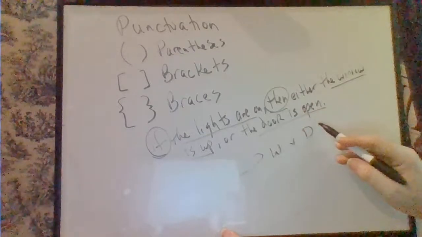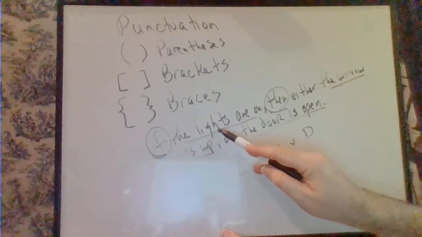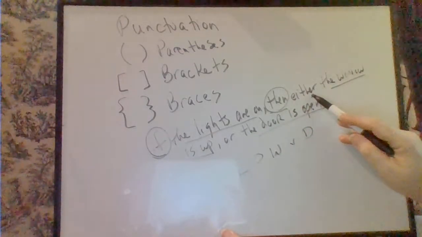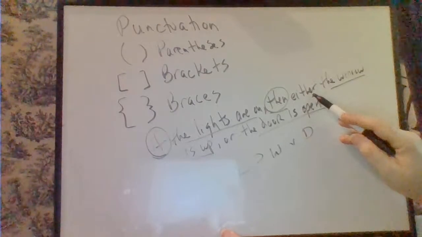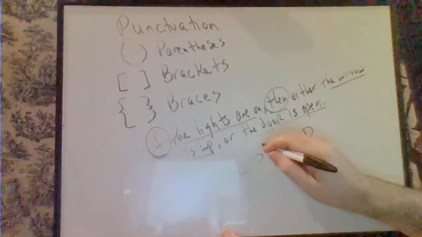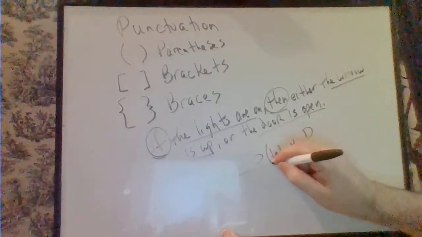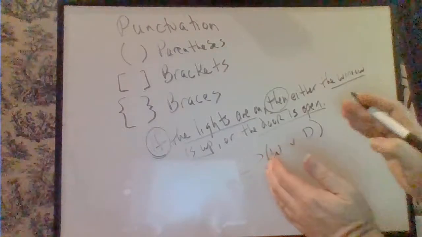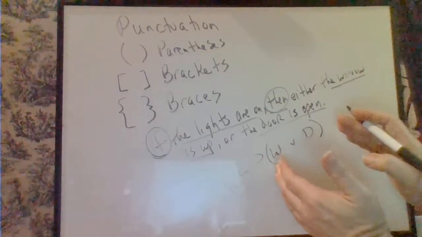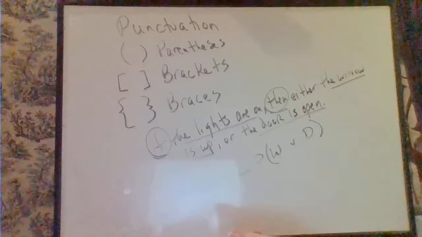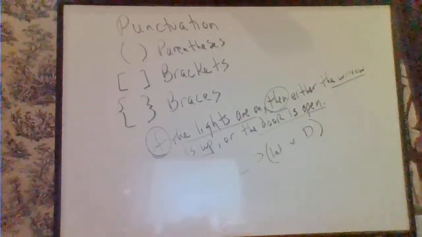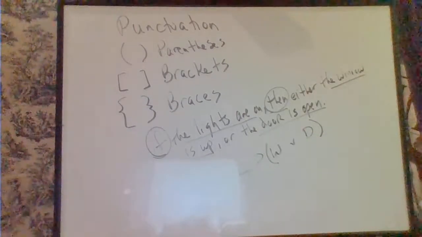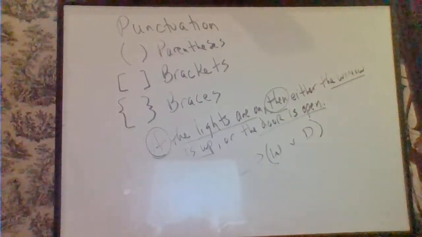Everything after the then is the consequent. So the antecedent is just the lights are on. There it is. The consequent is this disjunctive statement, either the window is up or the door is open. So that shows me that the parentheses would go around the W wedge D to show that it hangs together as the consequent of the conditional statement. Okay, so that's another area where the parentheses would be necessary, in terms of working with three or more statements.